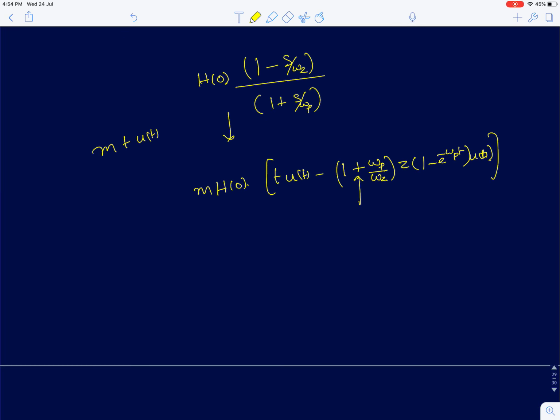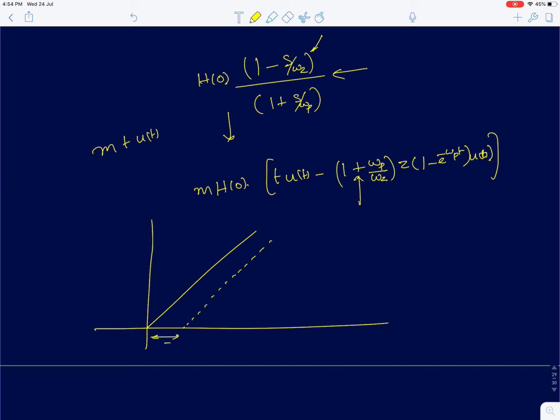Which means now we know that the phase is always lagging for the system. It's always negative, because of which your output can never lead the steady state value. It will always lag. And in this system, because of the right half plane 0, this is your steady state graph. If you had no pole, no 0, it's going to be delayed by tau seconds. But because you have added a right half plane 0, the delay is going to further increase, and this delay is tau into 1 plus omega p by omega z.